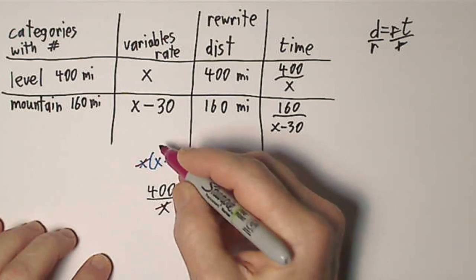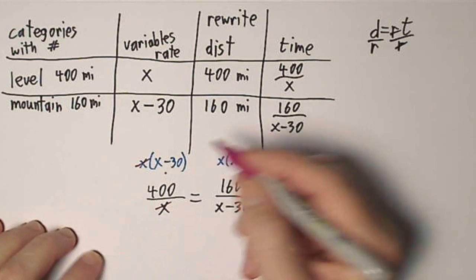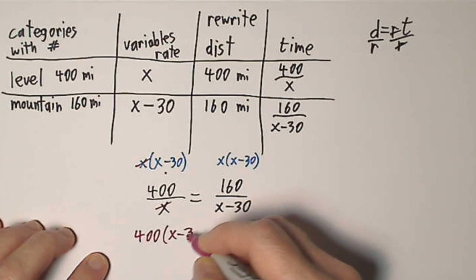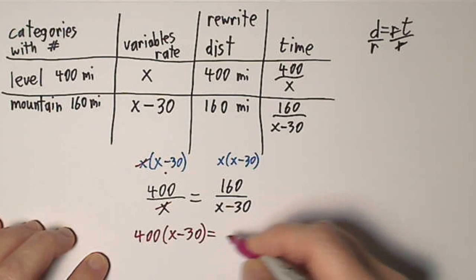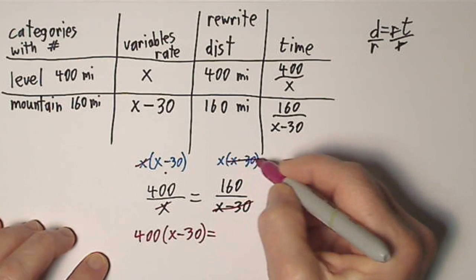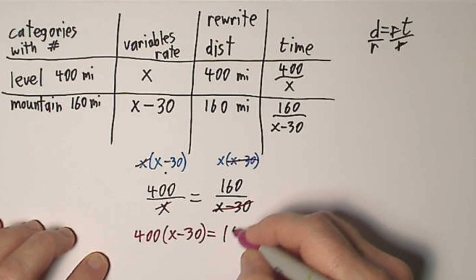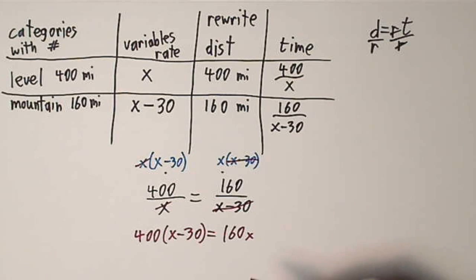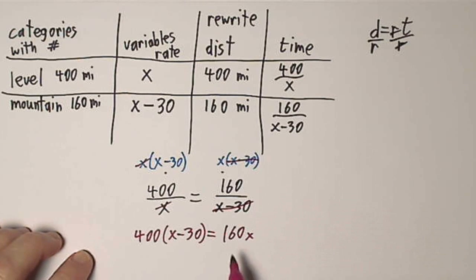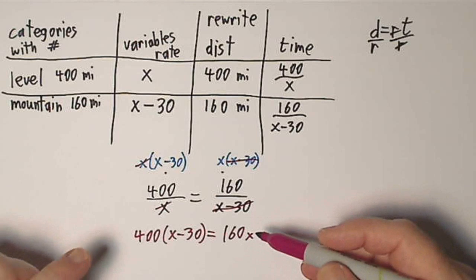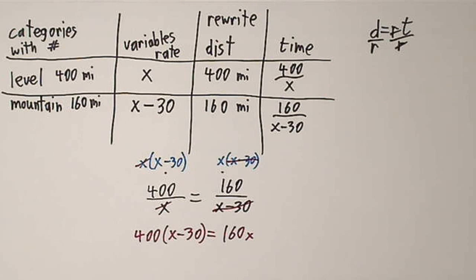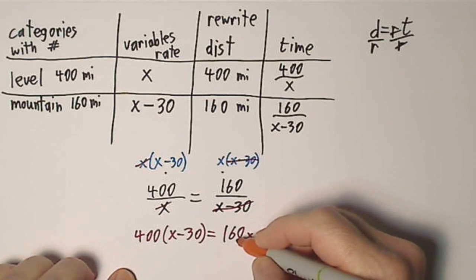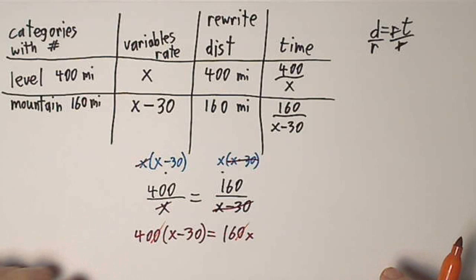Here the x's cancel. You're left with 400 times x minus 30 equals, bring down your equal sign, x minus 30's cancel, and 160x. Put a little dot there. These numbers are pretty large, and as long as I do the same thing on each side of the equation, I can do pretty much whatever I like. I'm going to divide by 10 and divide by 10. So at least the numbers are smaller.